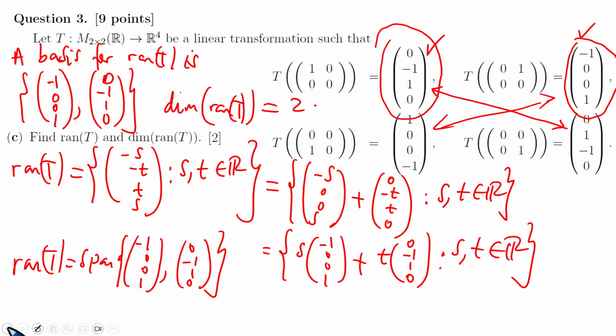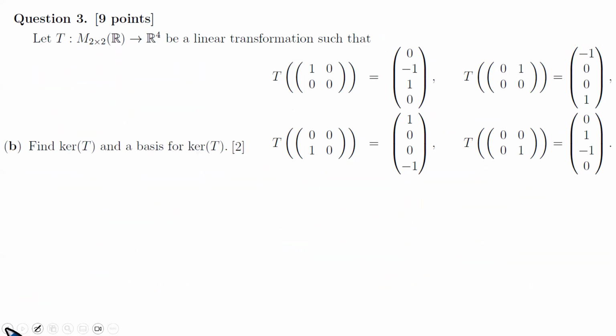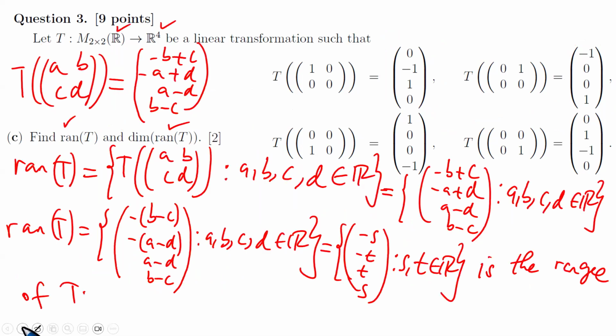Remember that the linear transformation is defined like this, so the image has variables. The image of this contains variables, so the range would contain the variables as well. There will always be variables for this particular question because the image itself has variables.